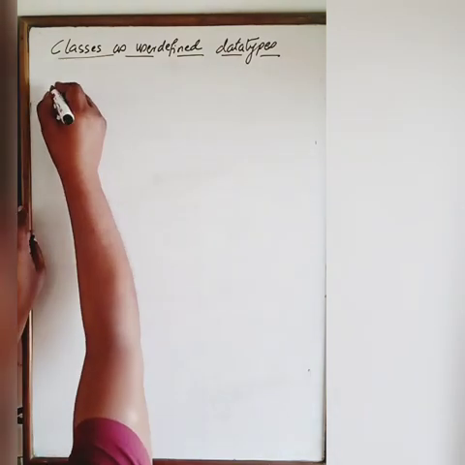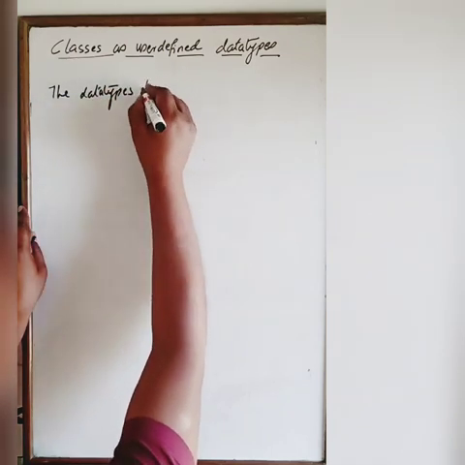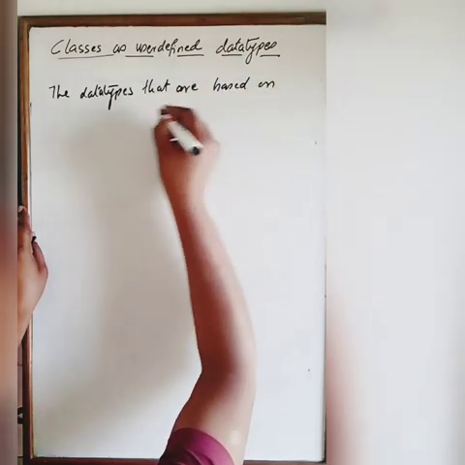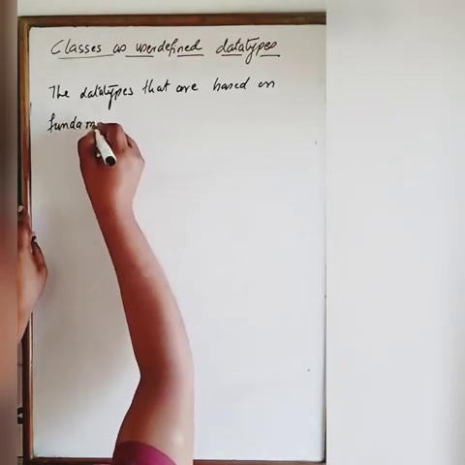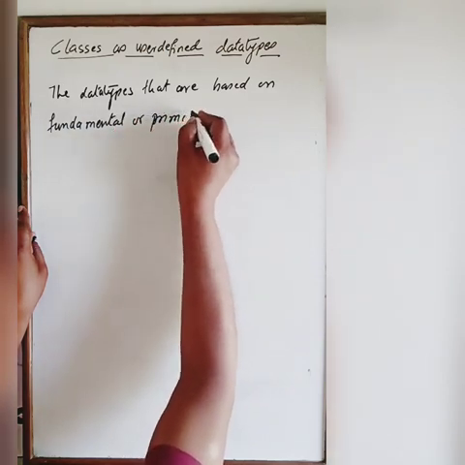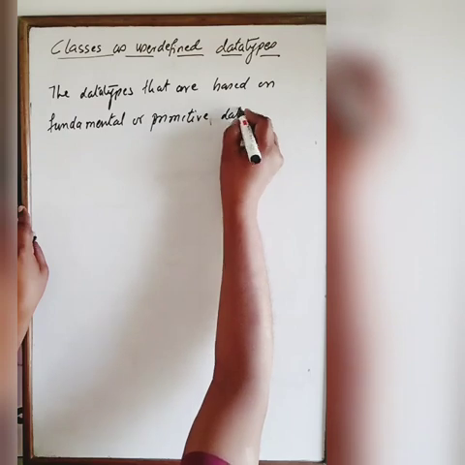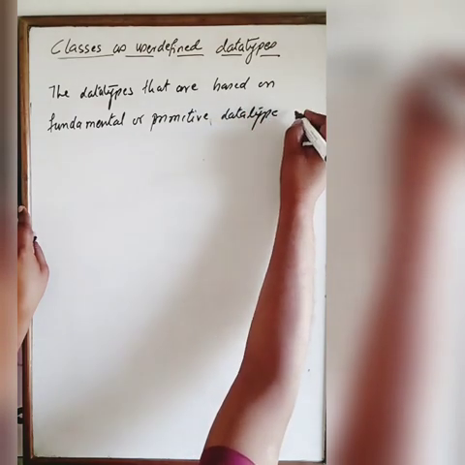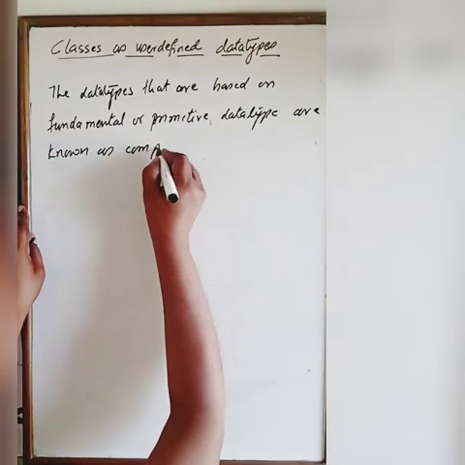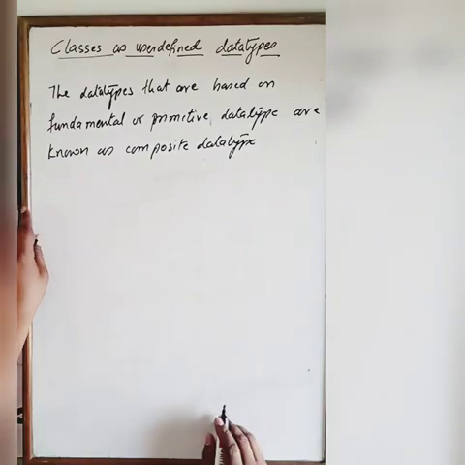So, the definition for this is: the data types that are based on fundamental or primitive data types are known as composite data types. Primitive data types are also known as fundamental data types.